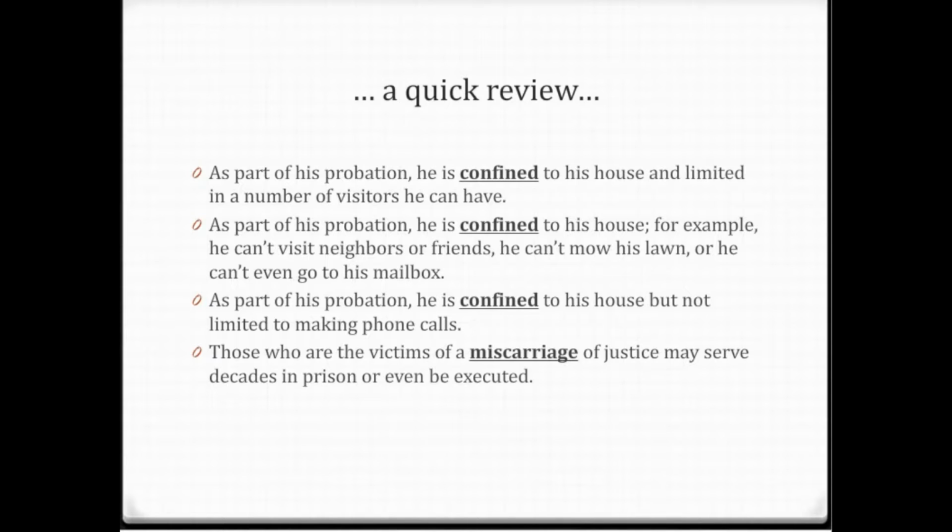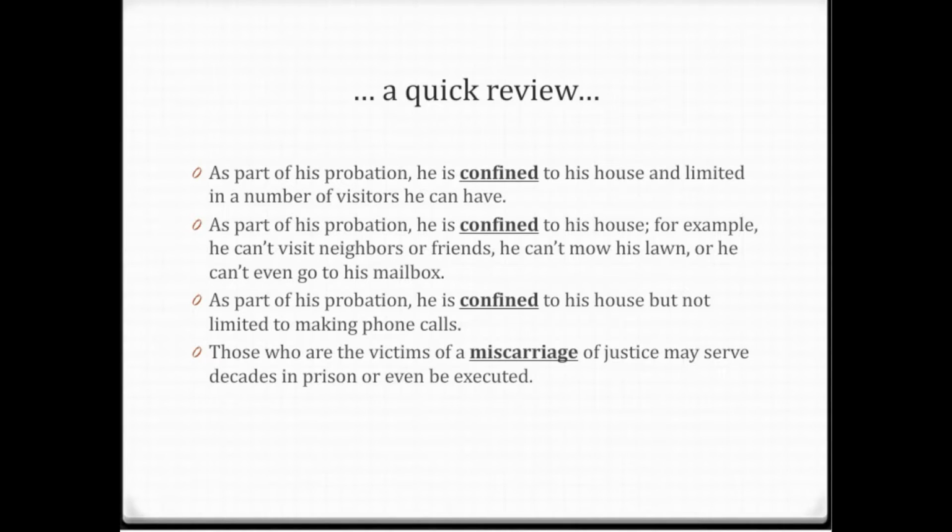And the third sentence: as part of his probation, he is confined to his house, but not limited to making phone calls. And if you said antonym, you are absolutely right. Confined, but not limited.